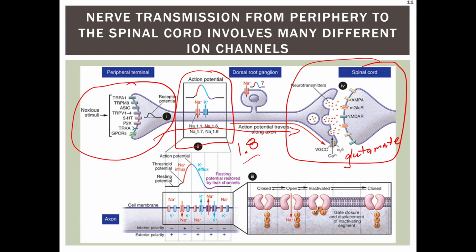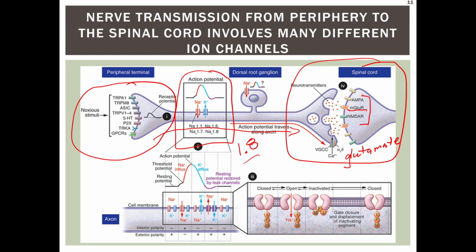And the glutamate goes on to act on a variety of glutamate receptors, the AMPA and NMDA type glutamate receptors, which are ion channels, and then there are the mGluRs, the metabotropic glutamate receptors, which are 7 transmembrane domain G protein coupled glutamate receptors.